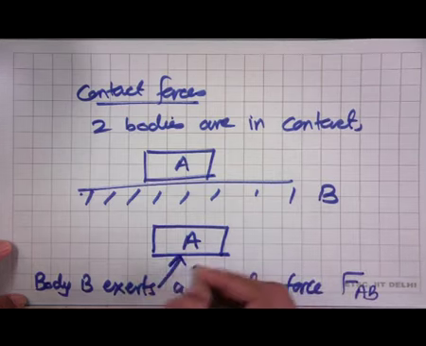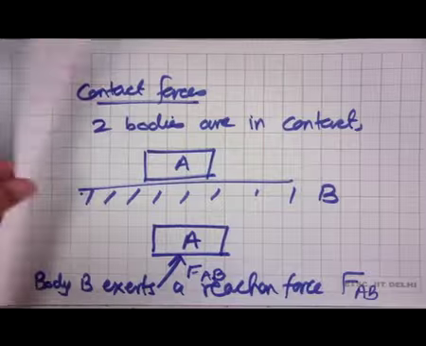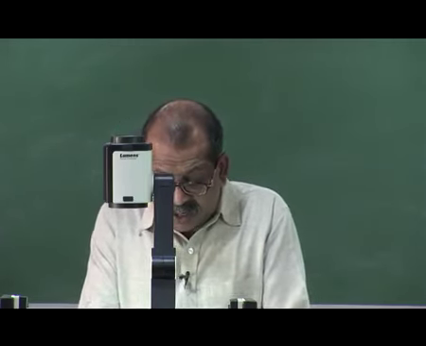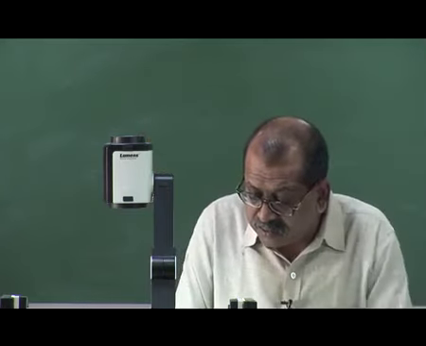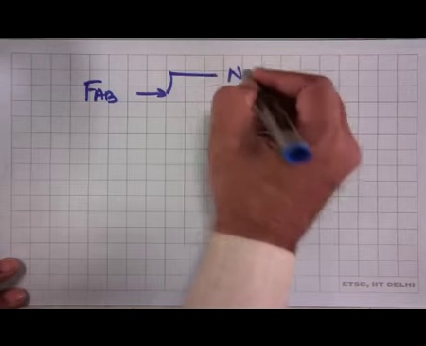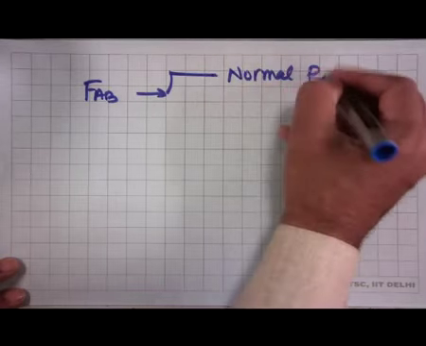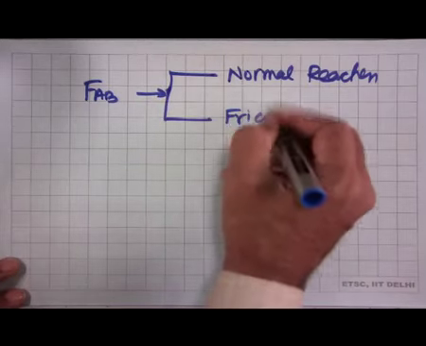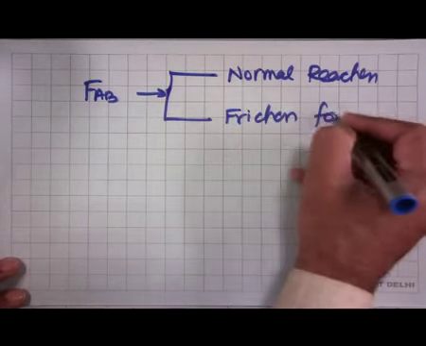and we show it with a general direction. Now, what we have also shown is that if these bodies are in contact, then FAB we divide into two parts, a normal reaction and a friction force.